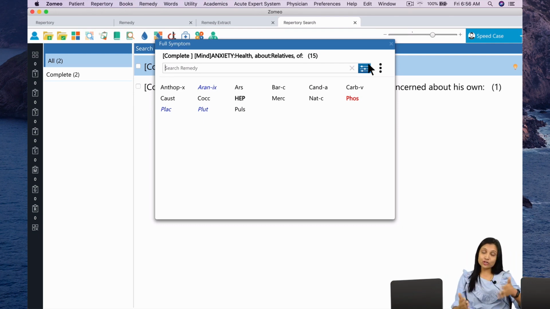Now, when you think of anxiety about the health of relatives, I think the first remedy that comes to anybody's mind is Phosphorus and the next is Causticum. But if you can see, it is very interesting that Hepar Sulph ranks much higher than either of those remedies.